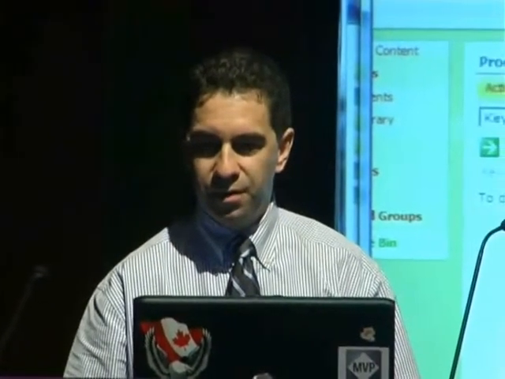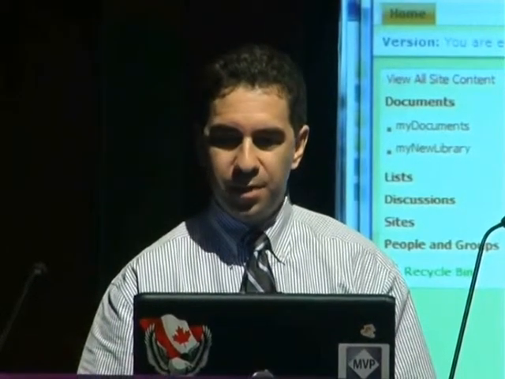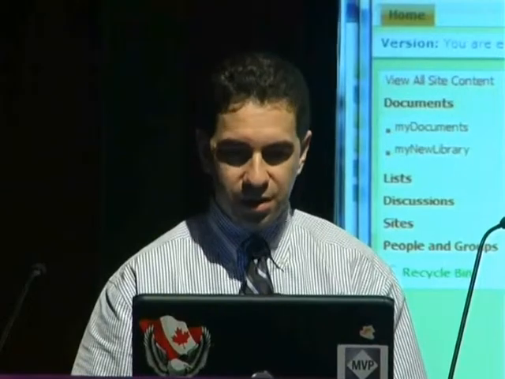But I'm going to make it much more interesting. So I'm going to add another web part here, which is called a business data related list. So now what it's going to do is take advantage of the associations that I've defined between the different tables.